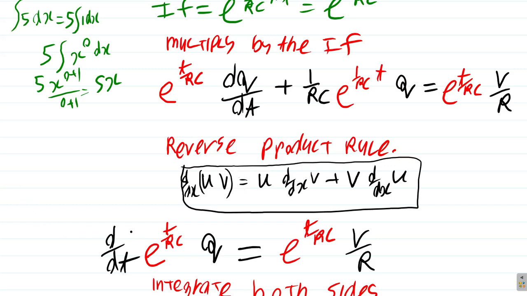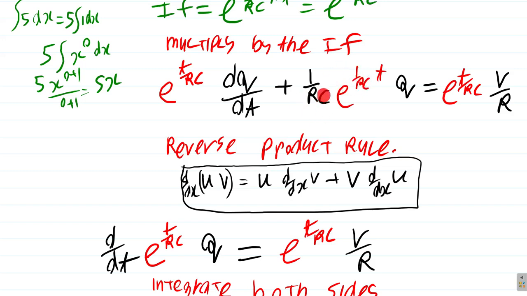I left that part out earlier. The derivative with respect to t of e to the t over rc times q gives this on the left hand side. When you differentiate this, you get this. You hold e to the t over rc, differentiate q with respect to t to get dq by dt, plus you hold q as it is times differentiate e to the t over rc to get this.